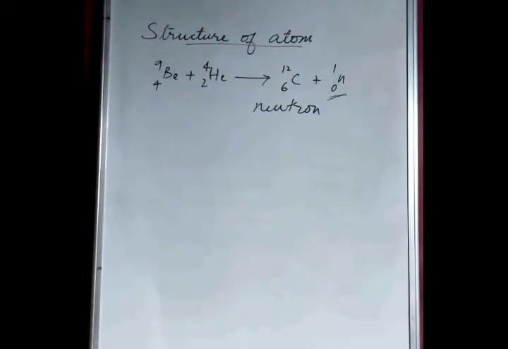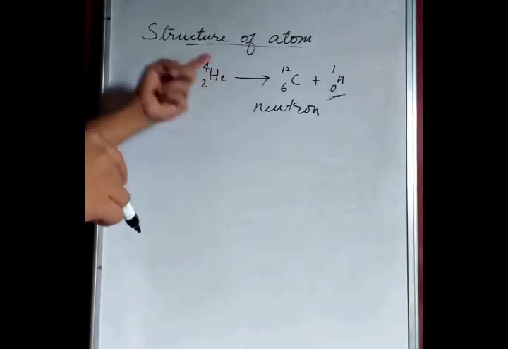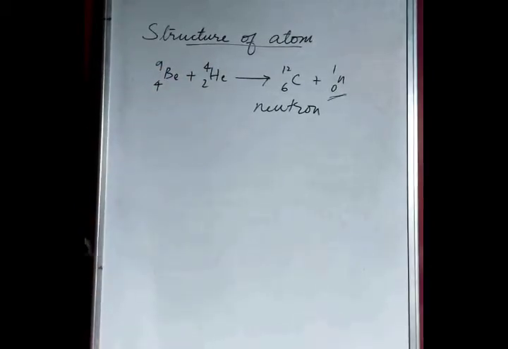We know that the cathode rays were the negatively charged particles, or the electrons, and the protons were the positively charged particles. And now another entity, a neutron, was discovered by Chadwick through his experiment.